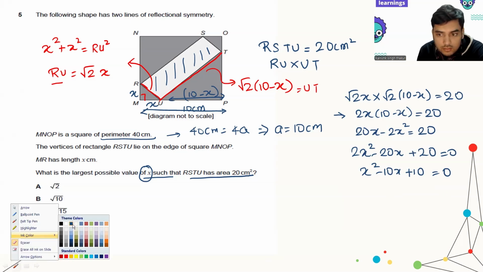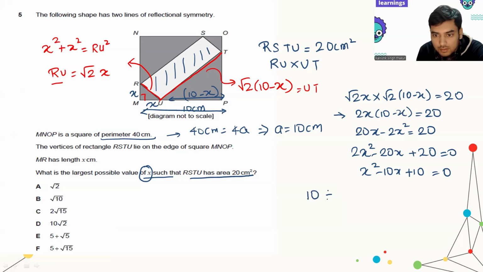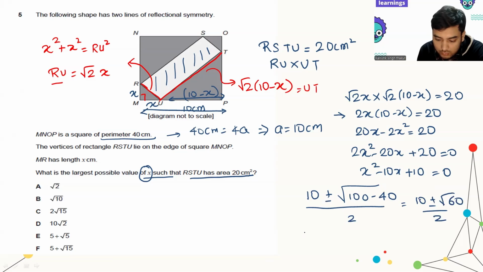So the roots, I'll just write it properly. It's 10 plus or minus the square root of 10 squared, which is 100, minus 10 times 4, which is 40, all divided by 2. So this is equal to 10 plus or minus the square root of 60, over 2. So what I'll get is 5 plus or minus the square root of 15.